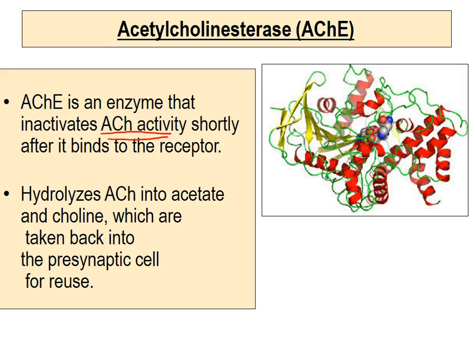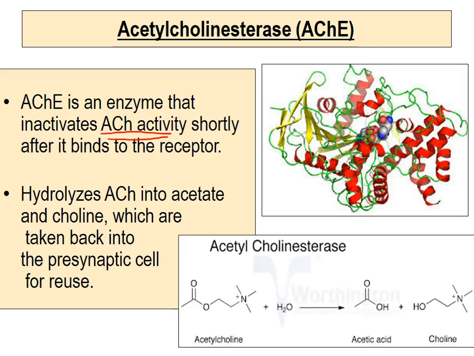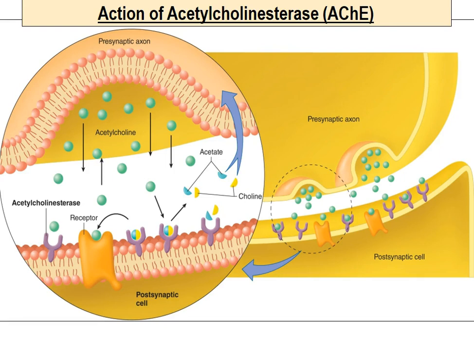It hydrolyzes acetylcholine into acetate and choline, which are then taken back into the presynaptic cell, and they can be reused. And so here's the chemical reaction. You don't need to know the molecular formulas, but just realize that acetylcholine is broken down into acetic acid and choline. And these enzymes are actually embedded in the membrane of the postsynaptic cell.